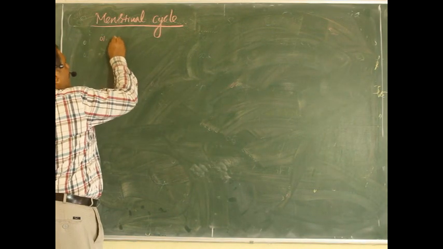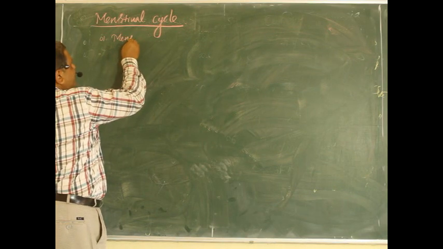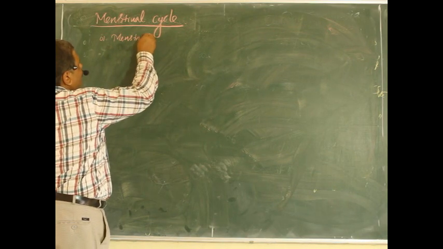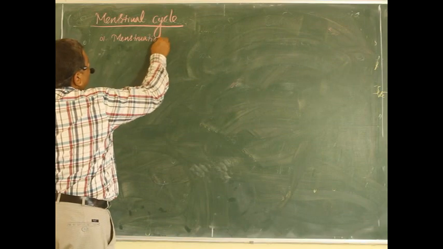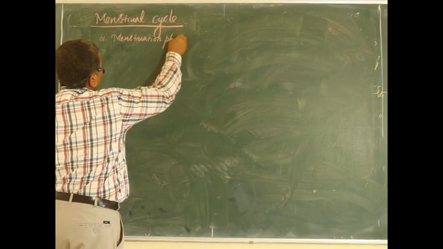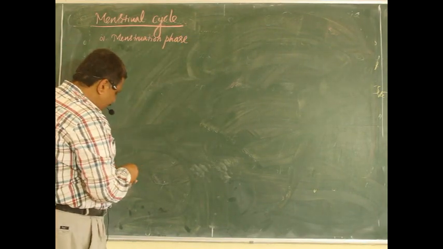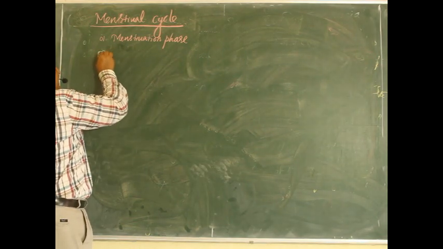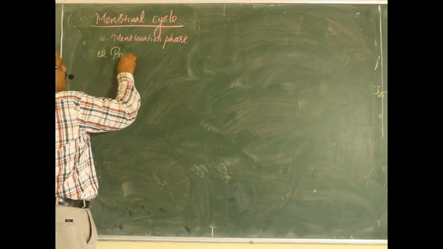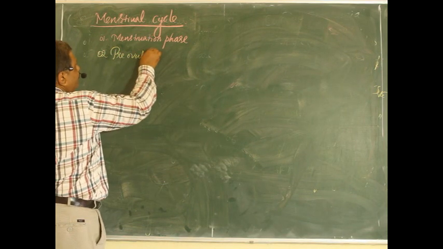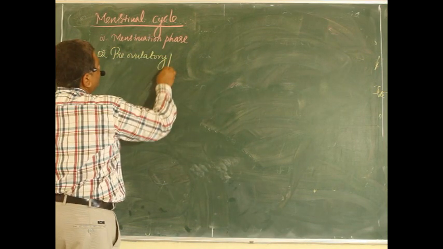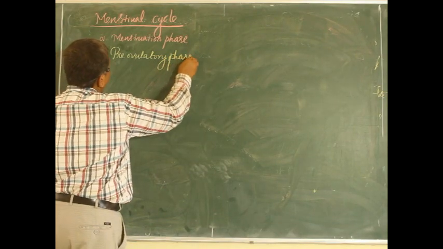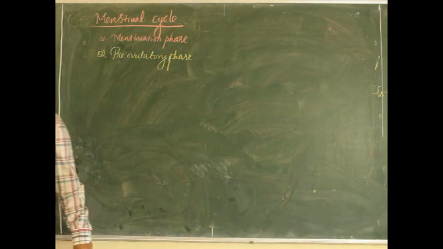One is called the menstruation phase, and the second phase is called the pre-ovulatory phase, that is, the phase that occurs before ovulation.